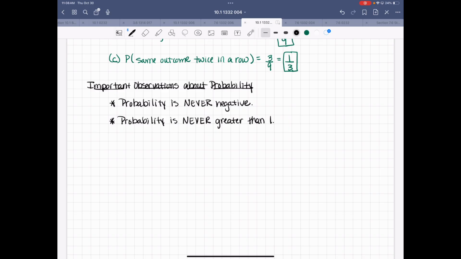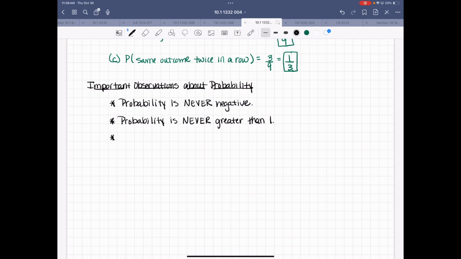Guys, that means you shouldn't ever have over 100%. When you find probability, you're finding the fraction, which is really a decimal, which you can turn into a percent, right? If it asks you for the probability expressed as a percent, you shouldn't be getting anything over 100%. You shouldn't be getting anything over 1. You should always get a decimal less than 1.